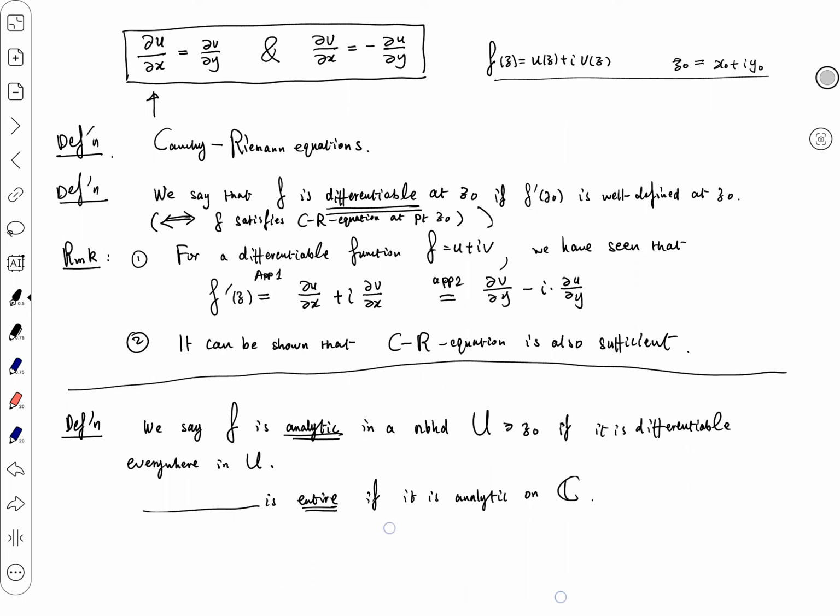Sometimes analytic is also called regular or holomorphic.